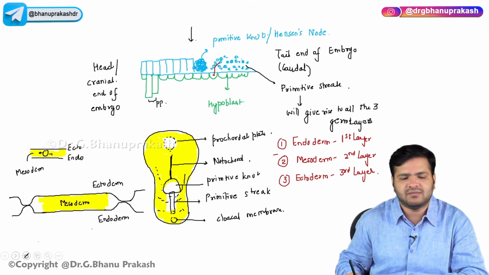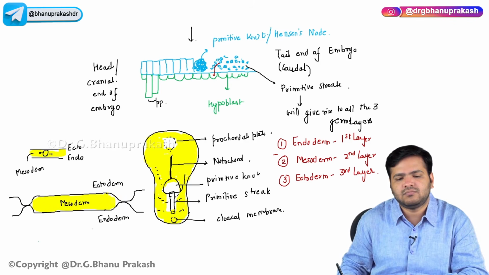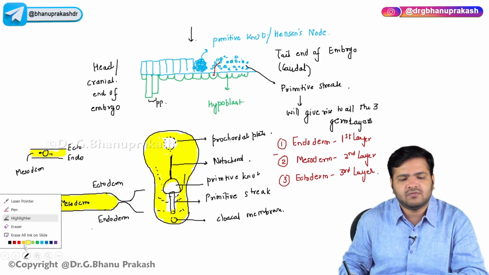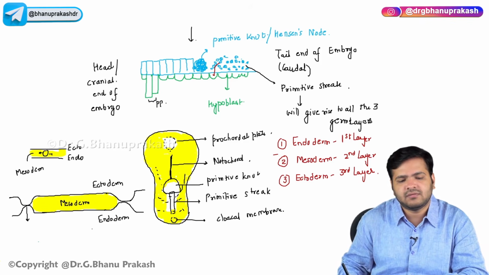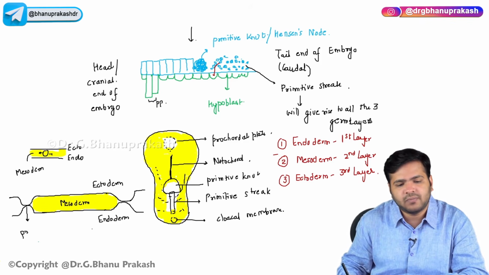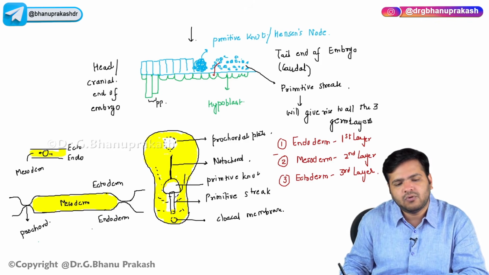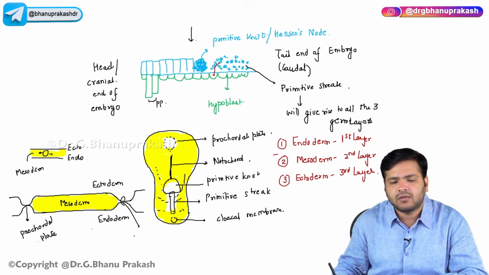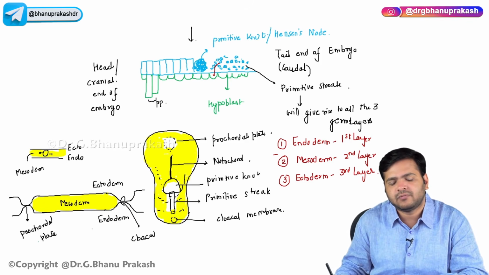There will be two places where this mesoderm will be absent. One place over here, see this place, it will be the procaudal plate, right? And this will be the cloacal membrane.